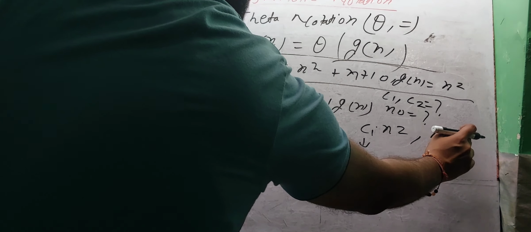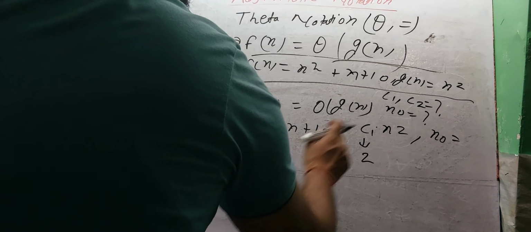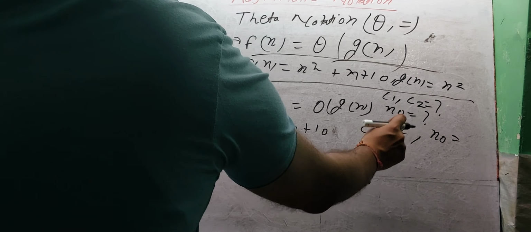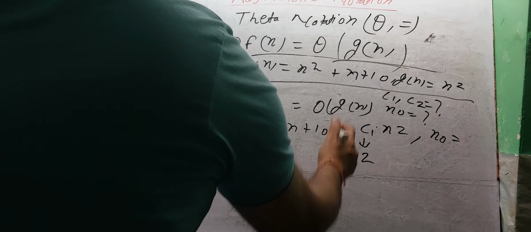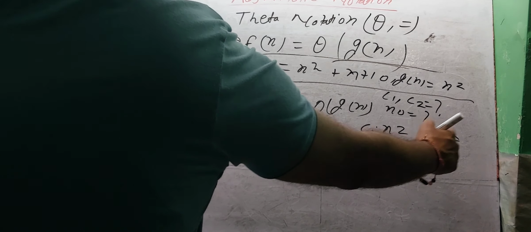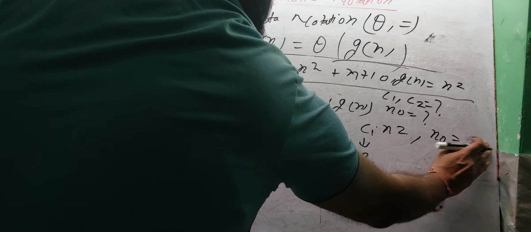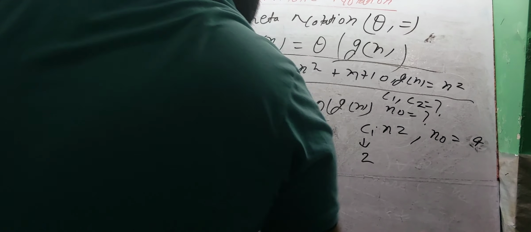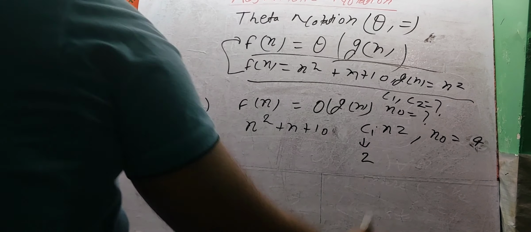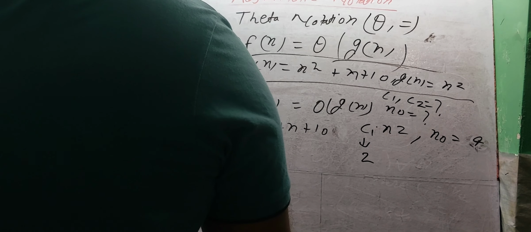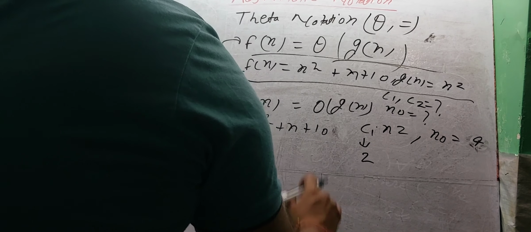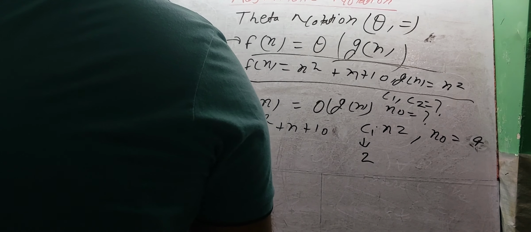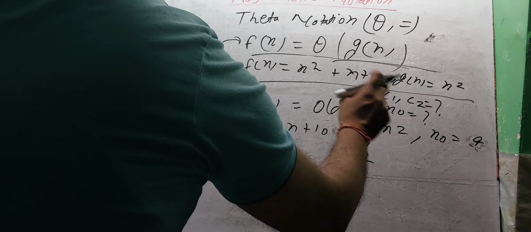Now n naught will be, put 1, 2, 3, 4 and 5. I am directly putting 4, and if we take n naught as 4, then from 4 onward, for all values greater than 4, this condition will hold true.